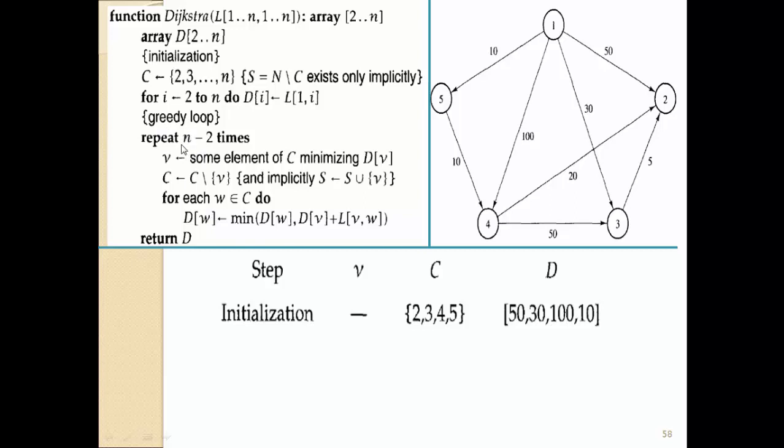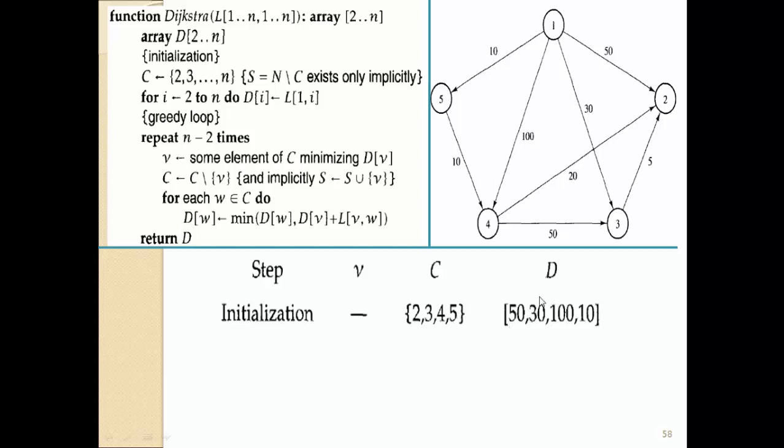This loop will be executed n minus 2 times, and inside this loop we are considering one variable V. V is equal to some element of C minimizing D of V. So we have to identify one node out of 2, 3, 4 and 5 which has the minimum length from the source node 1.